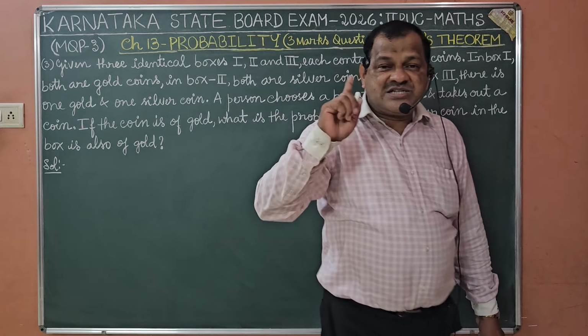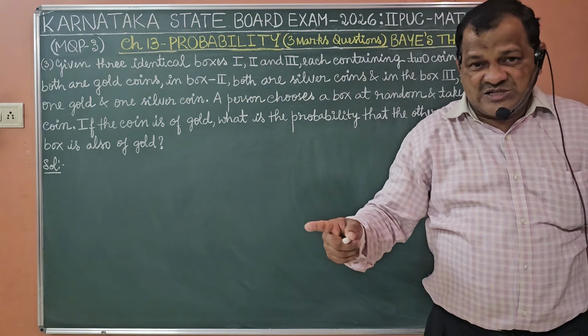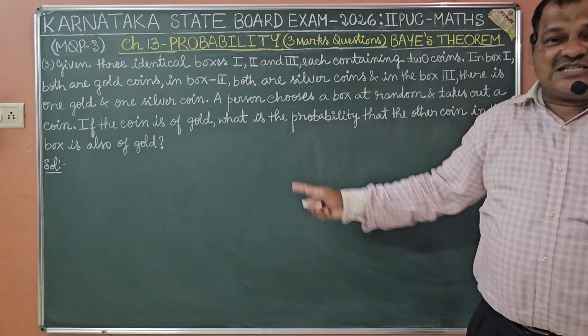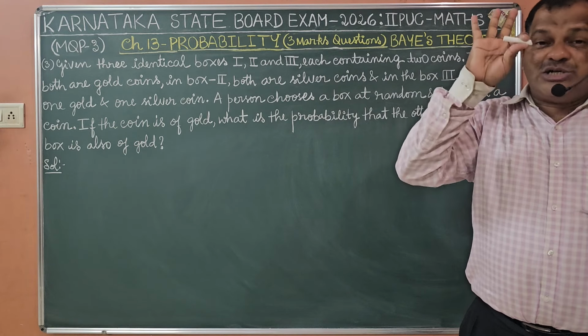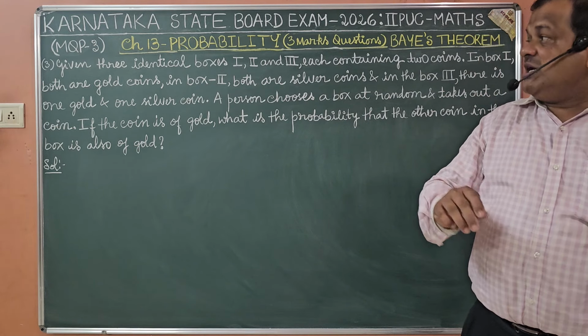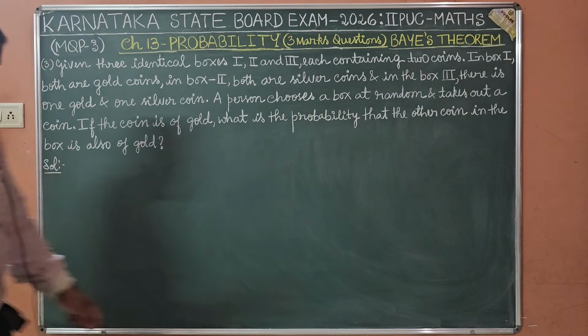So first difference I tell you, compared to the previous 2 exercises, in this exercise we have 3 events, not 2 events. These 3 events I will denote by E1, E2, E3. So I will start writing.